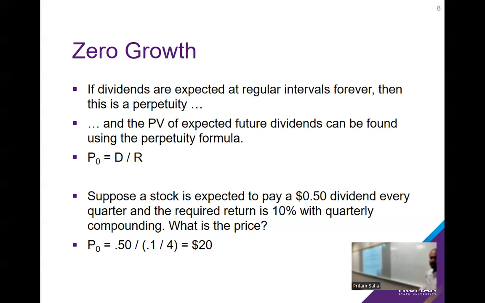Right? So if on the test the problem says the company paid last year $2 and the discount rate is 10%, preferred stock, what should be the price? Now you may feel like, oh, it's last year, how can I get the next year? Next year is basically D1, but as the growth rate is zero, this will be zero, so that should be D0.